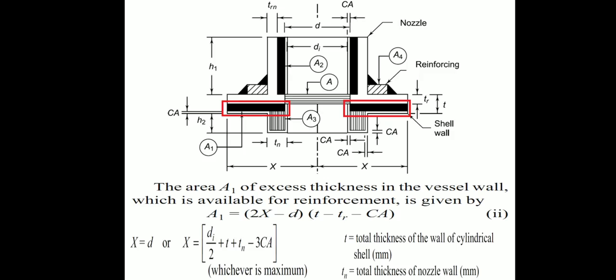This distance of vicinity, denoted by x, is calculated as x equal to D or x equal to Di by 2 plus T plus Tn minus 3Ca, whichever is maximum, where T is the total thickness of the cylindrical wall and Tn is the total thickness of the nozzle wall in mm.